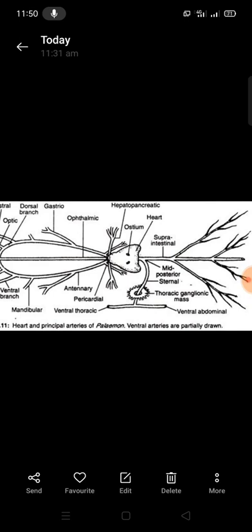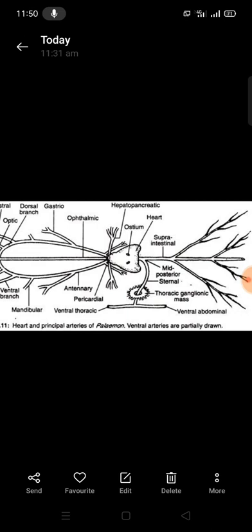The supraintestinal artery runs backward along the dorsal surface of the intestine. It supplies the blood to the midgut. Okay, the sternal artery runs downwards and forwards.